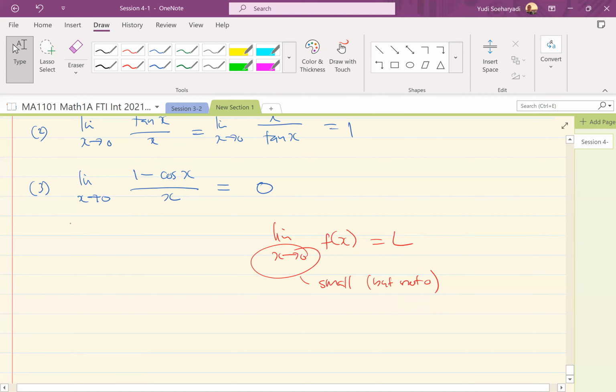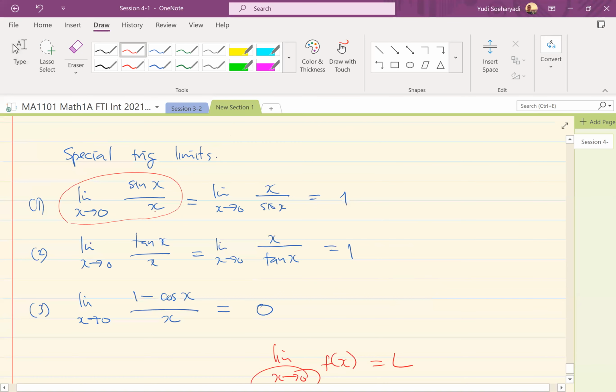When we compute this limit, when x is small, sine x is also small because the graph looks like this.